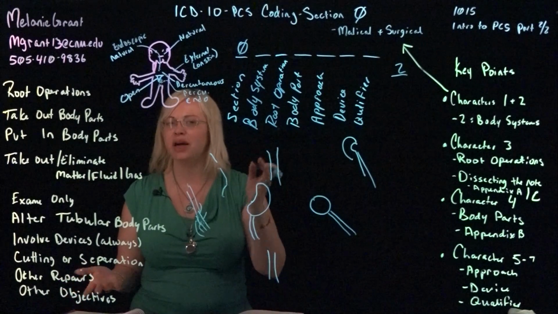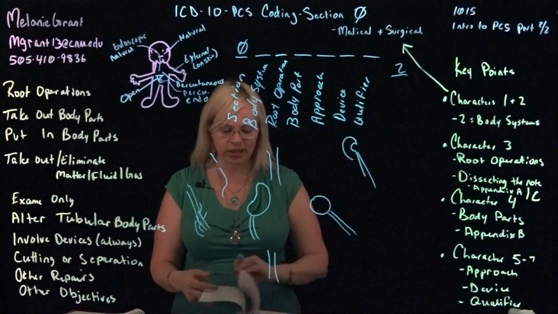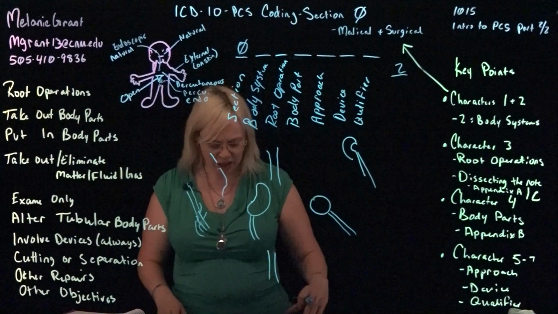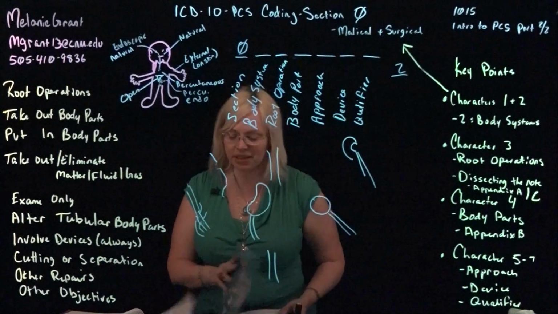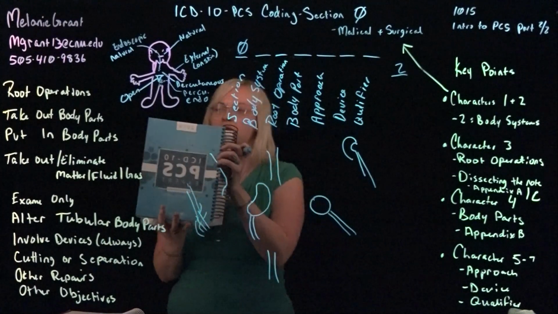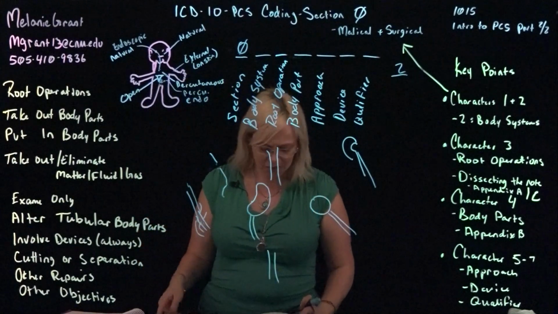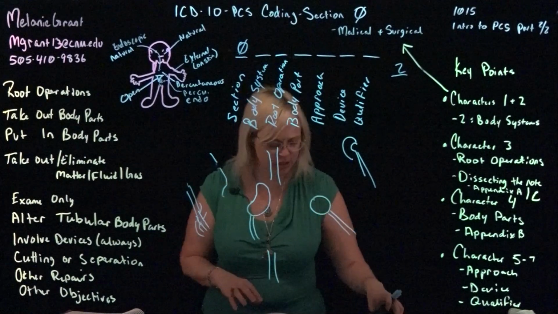We've identified what body system it's in. But the approach itself is telling us how did we get there when we got to that specific body area or body part. And in your PCS code book, on the recommended version of the 2019 PCS Expert Edition from AAPC, page 53 has an approach table that lists all of the different approaches.